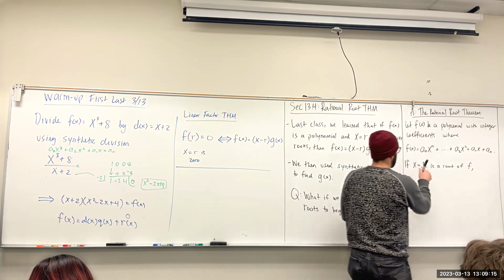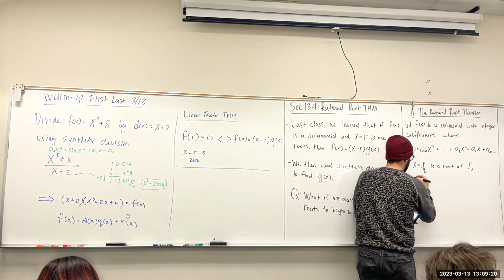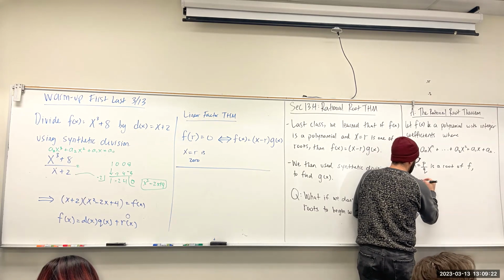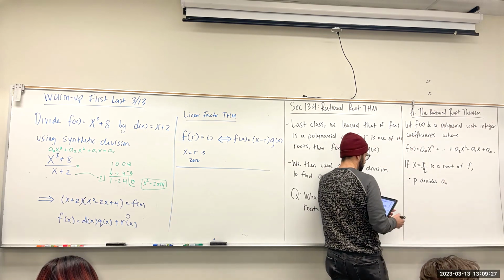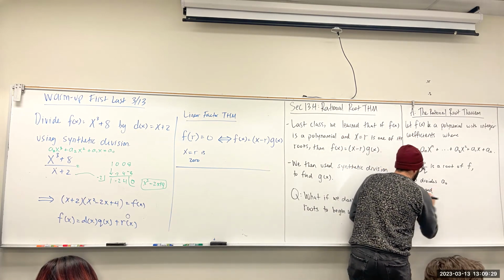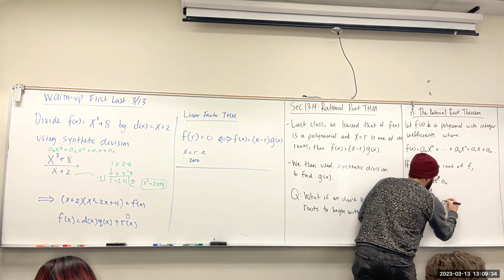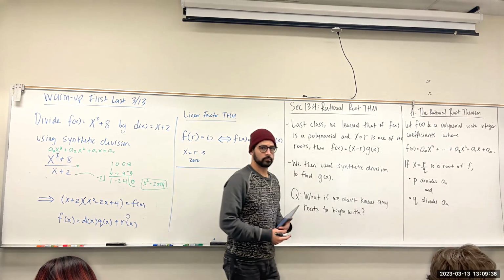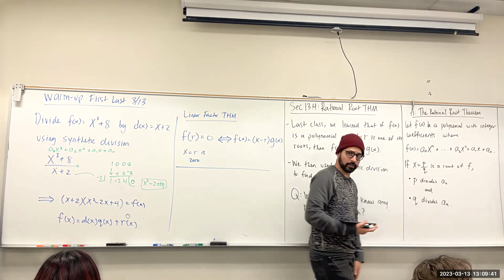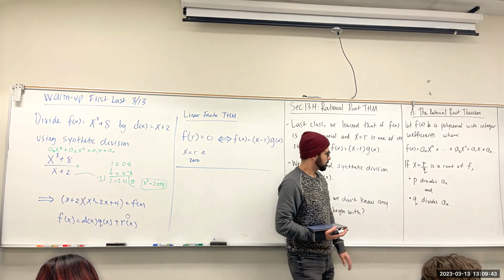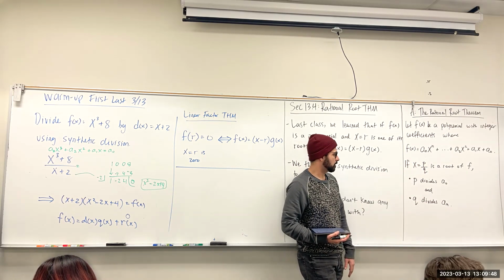So if p over q is a root of f, then two things happen. One: p divides the constant term, and two: q divides the leading term. The text provides a short proof of why that happens, if you're curious about that.